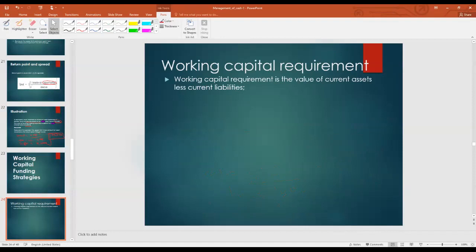The days for material will be X number of days. Now, the company has a target working capital cycle, that is the days for inventory, the days for receivable, the days for payable.